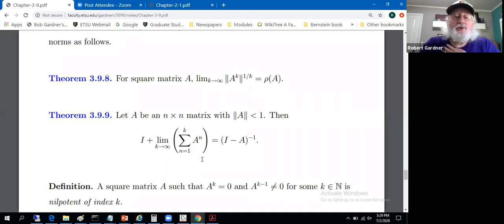I would like to interpret A to the 0 as the identity matrix. Then we've got A to the 0 plus A to the 1 plus A squared plus A cubed, and so on. So we've got a series. I would like to write it from n equals 0 to infinity of A to the n, if by A to the 0 I mean the identity.